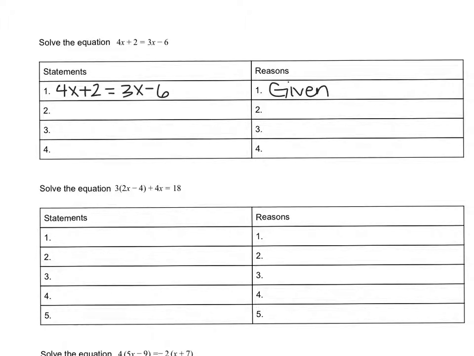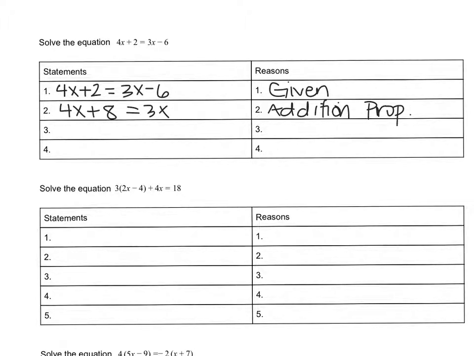Next, we want to work on solving for x. There's a couple different ways you could go about it, but I want to say let's add 6 to both sides. So when I do that, we get 4x plus 8 equals 3x. And the reason would be the addition property, because I added the same number to both sides.